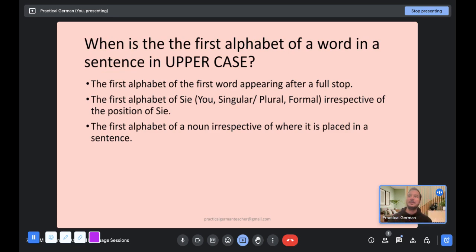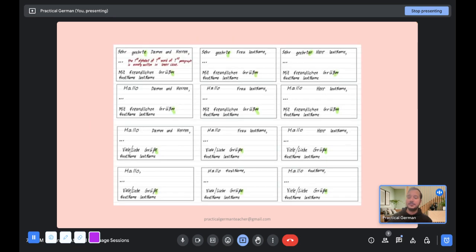Then nouns: whenever you have a noun, the first alphabet of a noun will always be capital, irrespective of where it is in a sentence. So these are the three rules that you have to remember. Any questions? Please ask if you have any. If you don't have any questions, let's talk about emails.